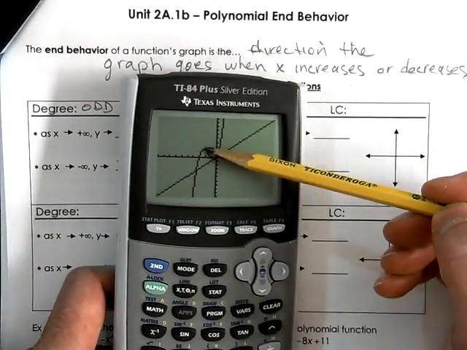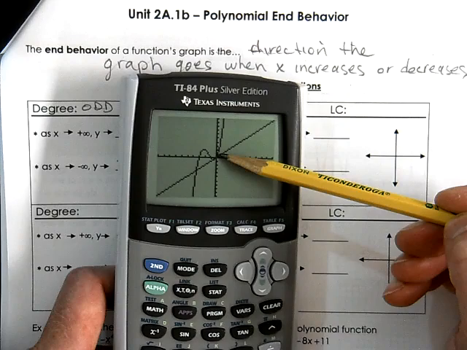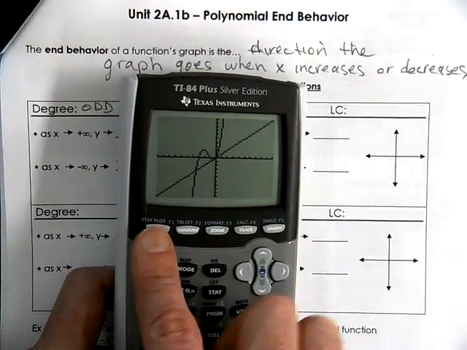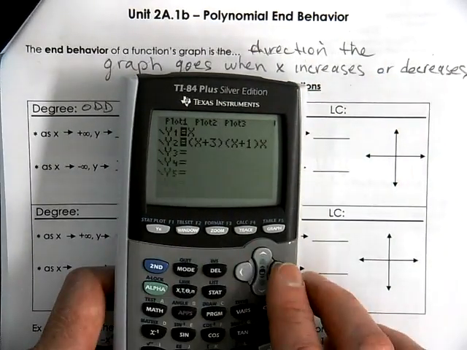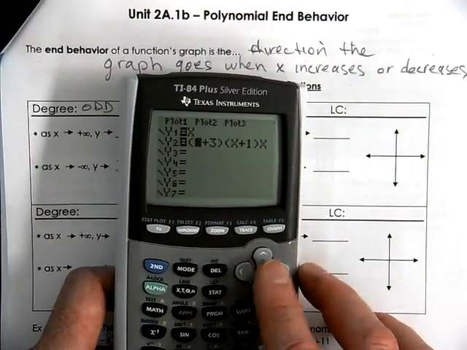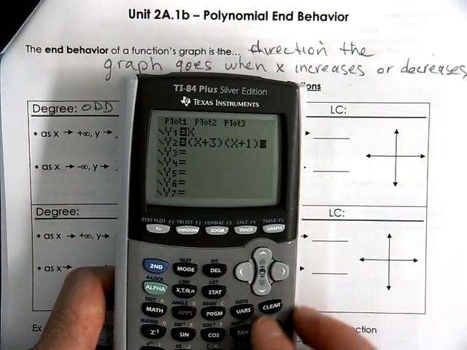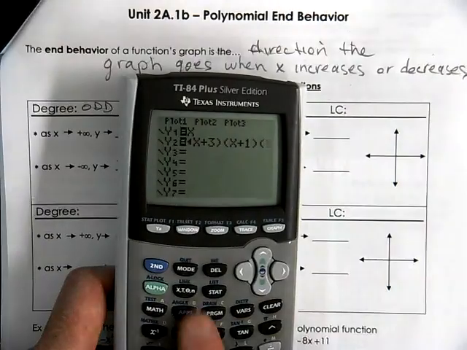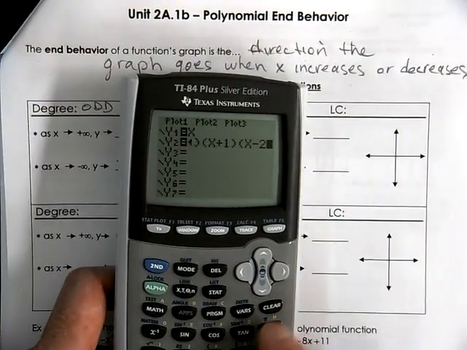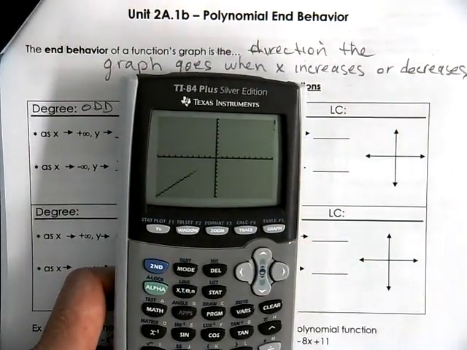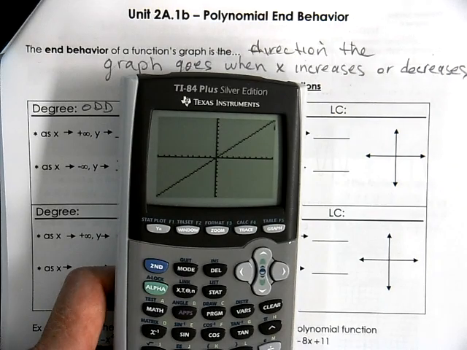You'll see that it dances through here a little bit more. And even if we change that last zero, there's our linear.